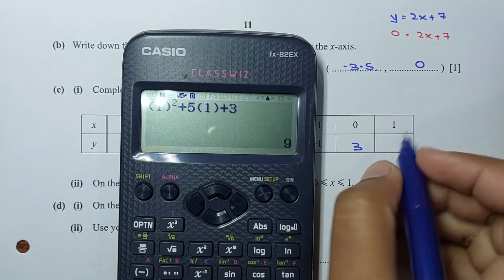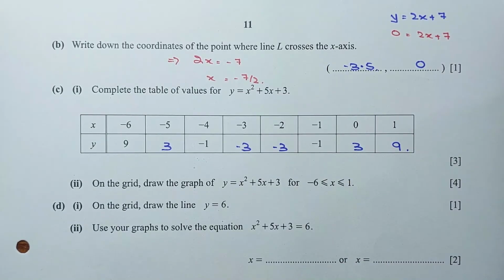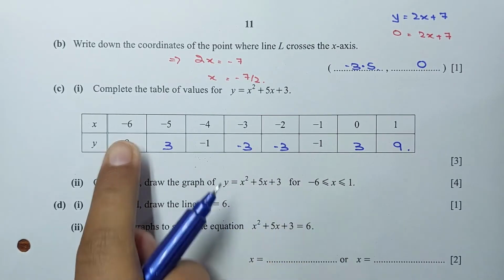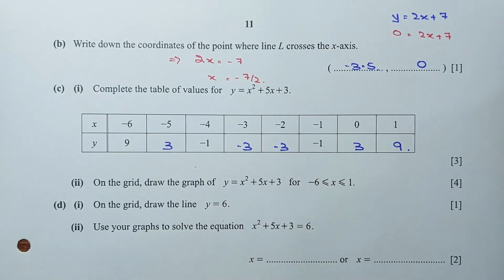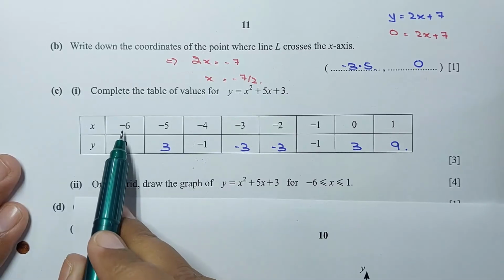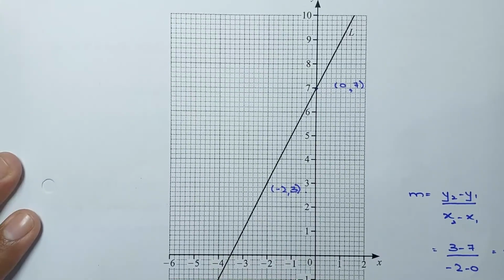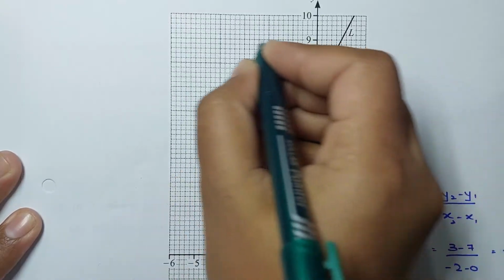it's 9, right? Now for the second part on the grid, draw the graph of the parabola for x's between -6 to 1. Okay, that is easy. For -6, the y is 9. The y value is 9 over here.